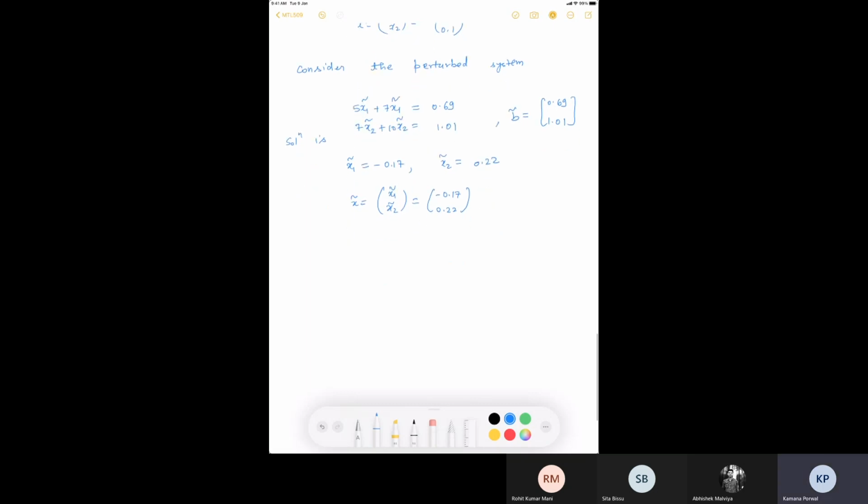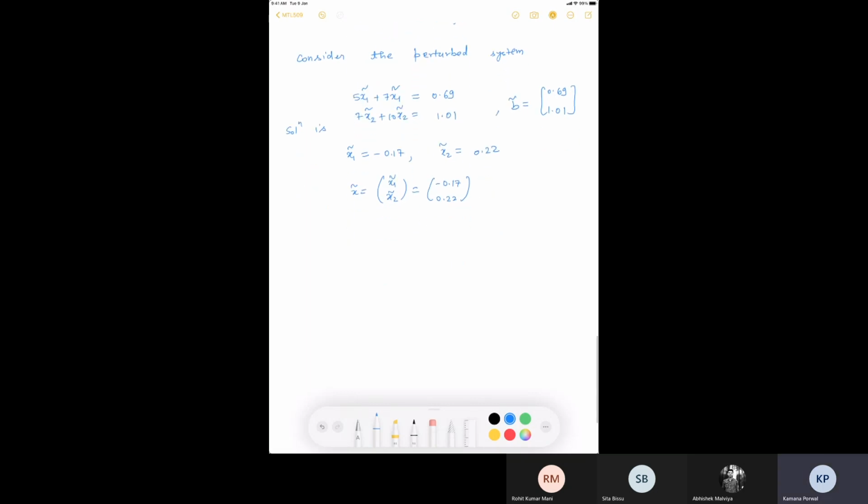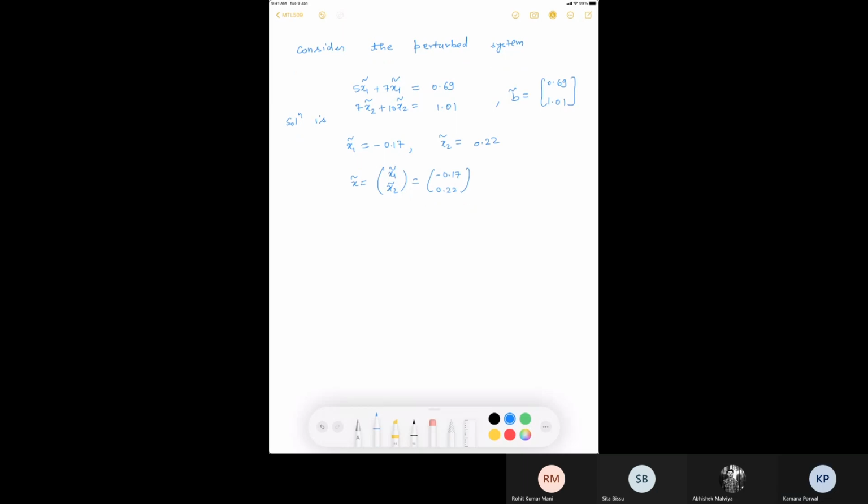Okay, now let's try to observe the relative error in the solutions.